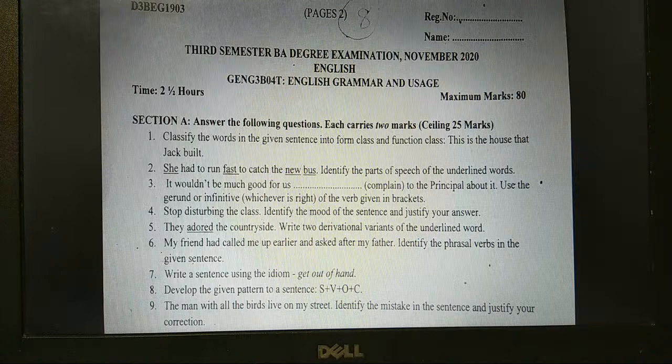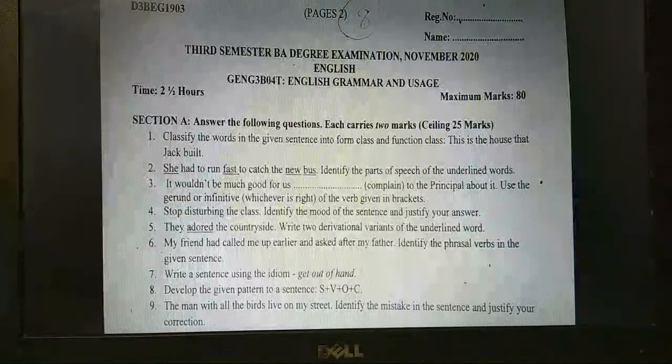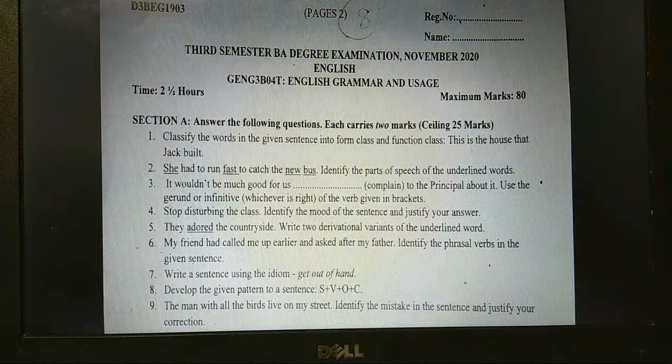Remember, subject plus verb plus object plus complement. So we have to have a sentence with this pattern, that is, we elected George president of the club. Look at that.